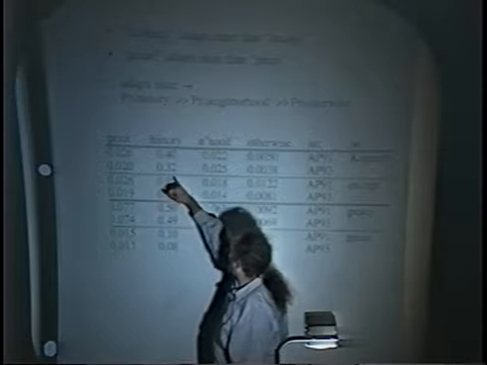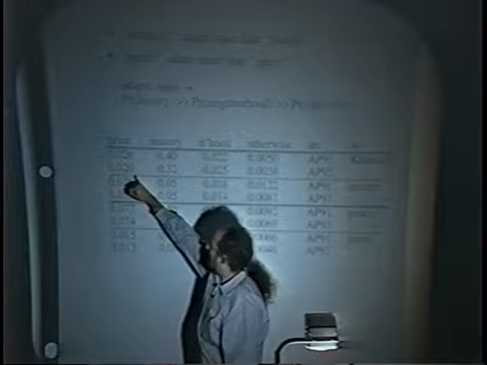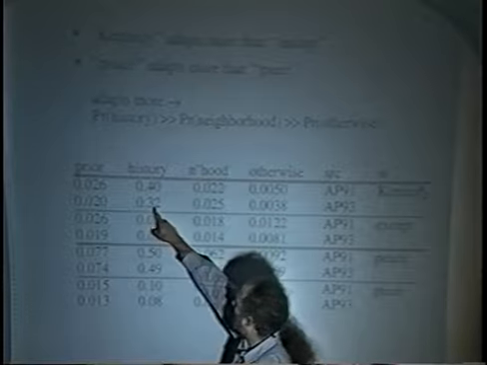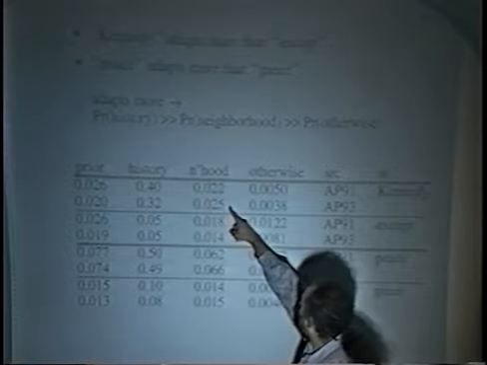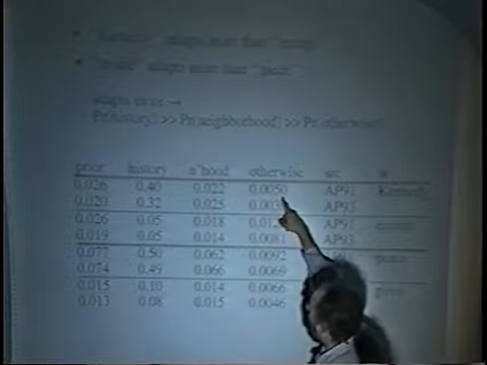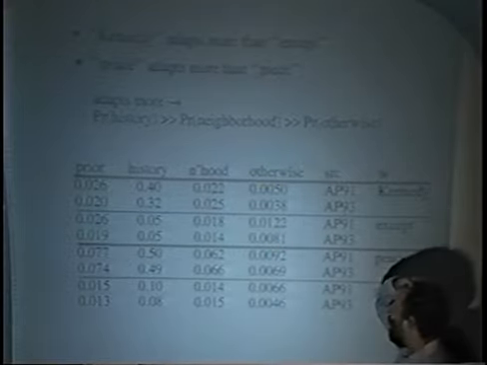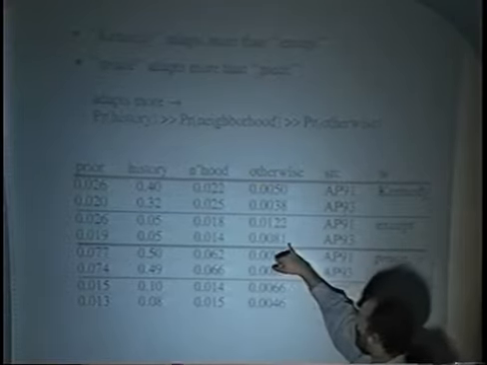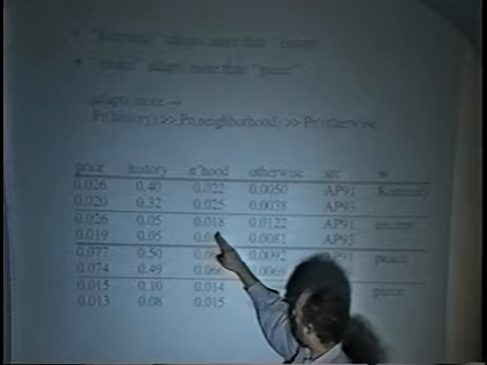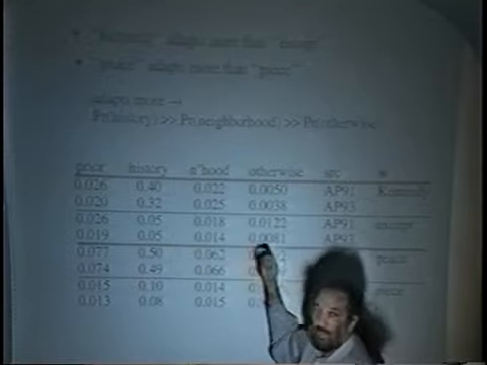What you see here is that the history in the case of Kennedy is quite a bit larger than the prior. The history is much, much larger than the neighborhood, and the neighborhood is much, much larger than otherwise. Whereas with accept, you see the same relationship, but it's not as dramatic.